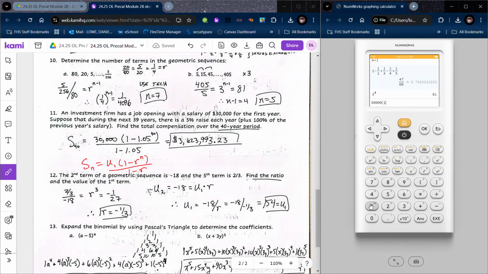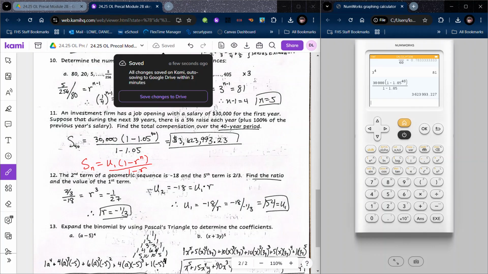My ratio is 1.05 because it's a 5% increase each year, and that's going to be raised to the 40th power because I have 40 years. Then divide by 1 minus 1.05, and when I do that, I get $3,623,993 and 23 cents, rounding.